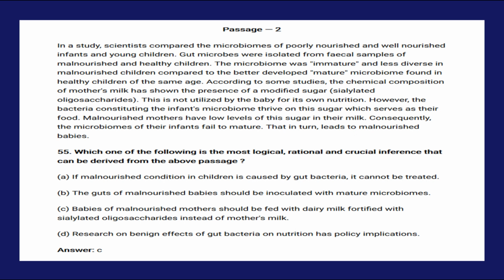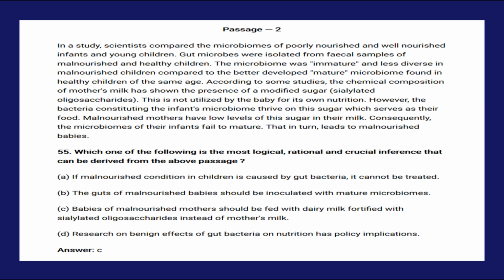Question 55. Which one of the following is the most logical, rational, and crucial inference that can be derived from the above passage? Option A. The malnourished condition in children is caused by a gut bacteria. It cannot be treated. B. Guts of malnourished babies should be inoculated with mature microbiomes.